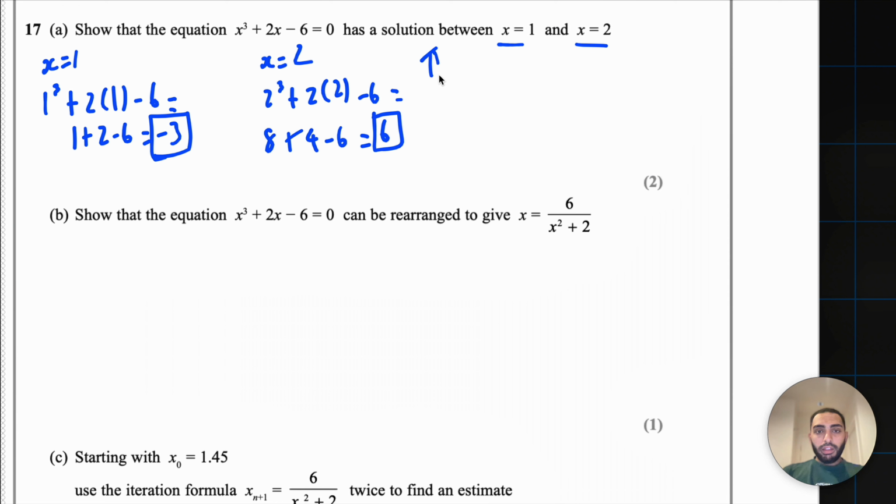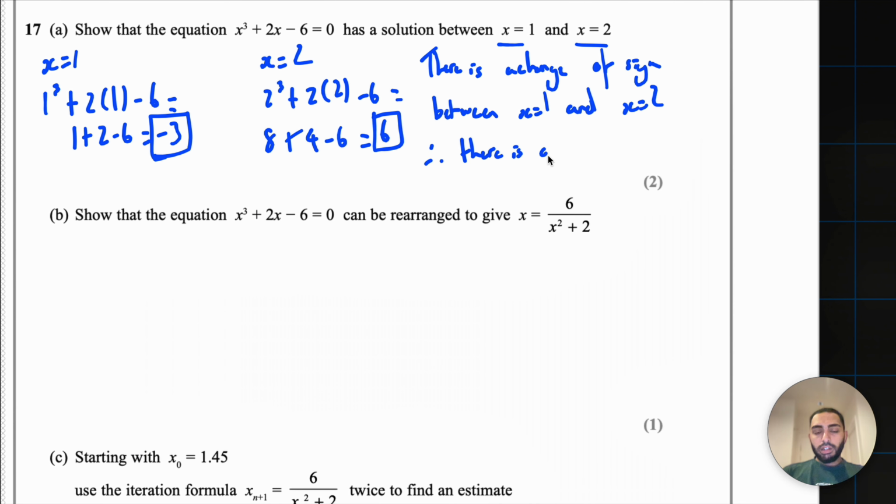So we just say there is a change of sign between x equals 1 and x equals 2. Therefore, there is a solution between them. If you plotted this on the graph, you would just see that this graph would cut the x-axis between x is equal to 1 and x is equal to 2.